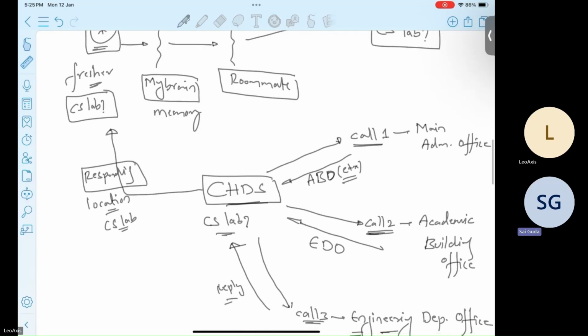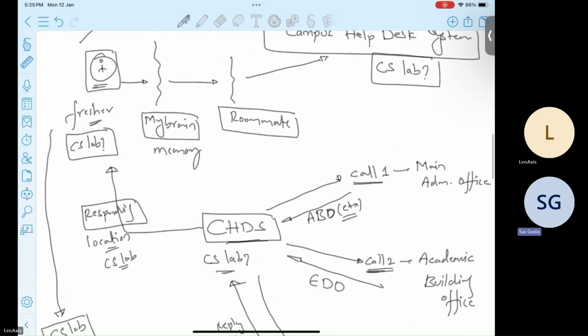Now using that location, I'll reach the exact location. Fine. I hope it is clear.